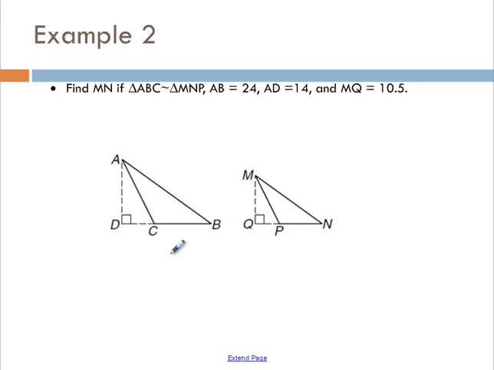Example 2, we know that the two triangles ABC and MNP are similar. AB is 24, AD, which is an altitude, is 14, and MQ, which is also an altitude, is 10.5. My goal is to find MN. So I'm going to set up a ratio of the two altitudes.